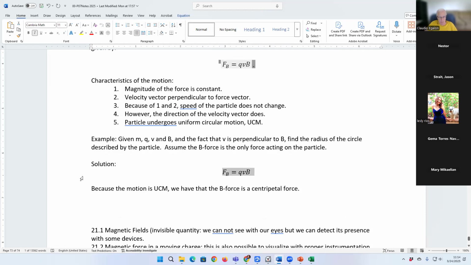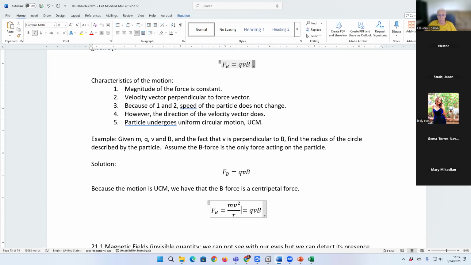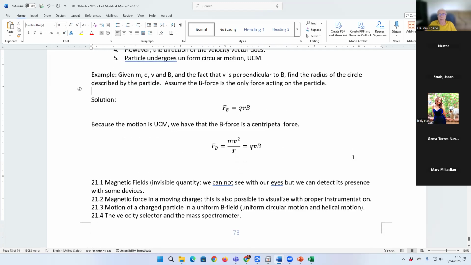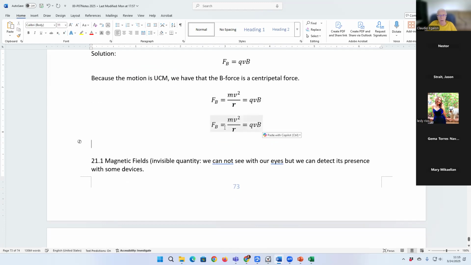Right? So here we go. Because it is uniform circular motion, this magnetic force is going to be equal to the centripetal force, which is given by mv squared over r. We know m, we know v, we know q, we know B. The only thing that we do not know is r. And now we can solve this equation to find r.